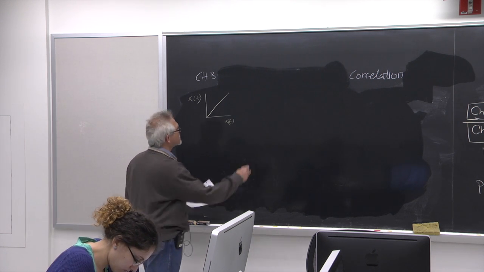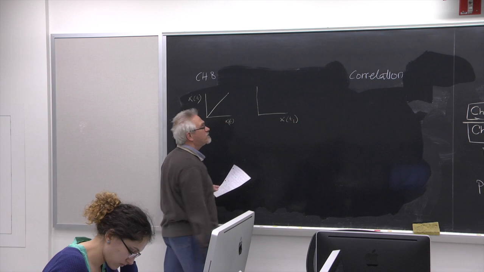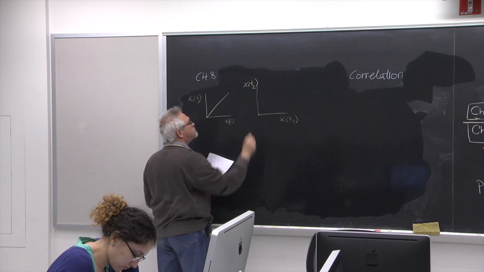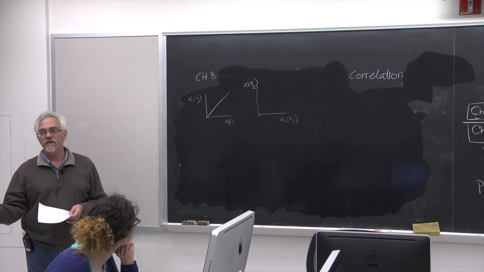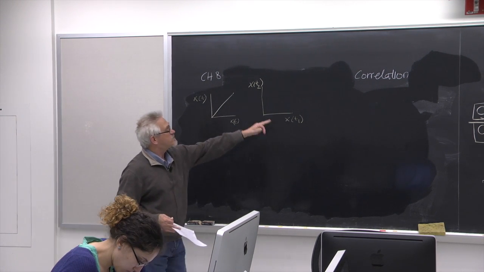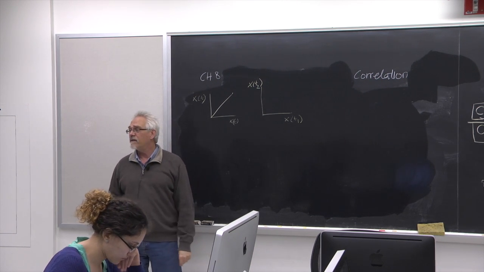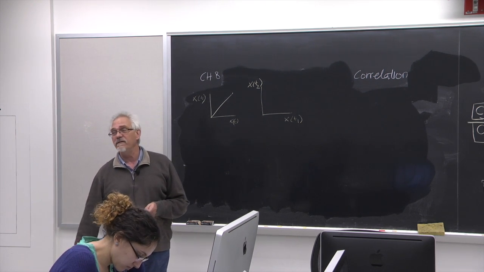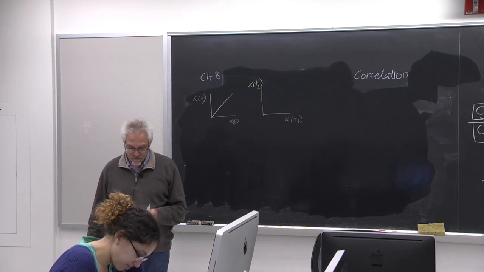What autocorrelation is also interested in is what happens if I plot x(t1) versus x(t2). That sometimes gives you, as we will see, very interesting and very useful information about the system. And if x is the same signal, it is called autocorrelation. If you have an x and a y here, then it is a cross correlation. And we will actually use cross correlations intensely to analyze nonlinear systems, but it's also very useful to look at linear systems.